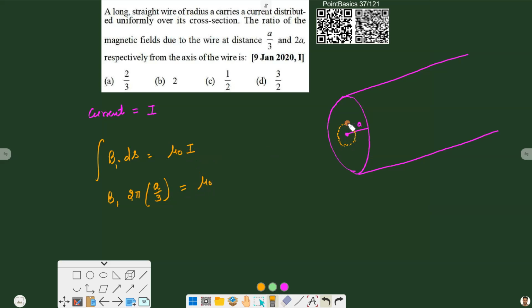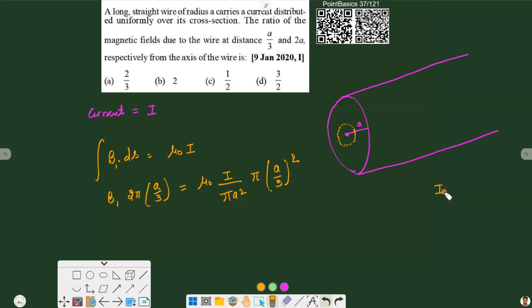How much current will be enclosed in this circular area? As current I is distributed uniformly over the whole cross section, the current will be I divided by pi A square, into pi (A by 3) square.